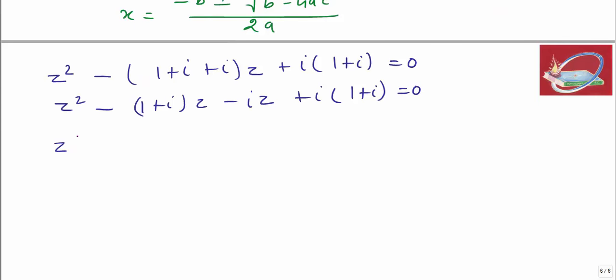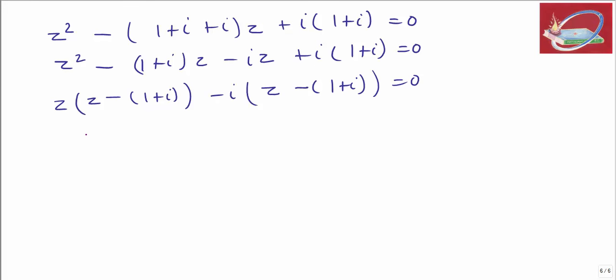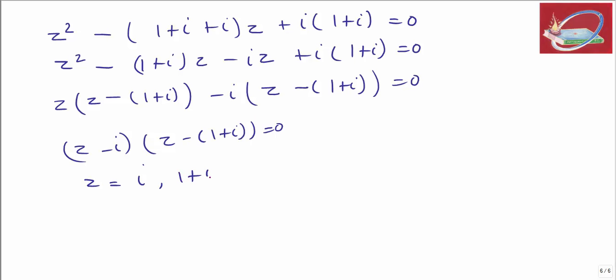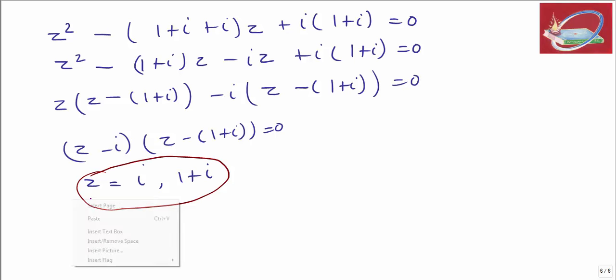If we take z as common, then we have z minus (1 plus iota). Here minus iota is common, so we have (z minus iota) into (z minus (1 plus iota)) is equal to 0. So z is equal to iota and 1 plus iota. So these are the roots of the given equation.